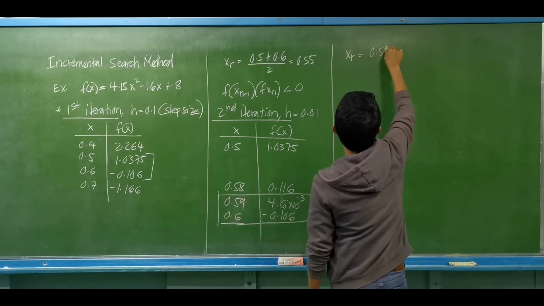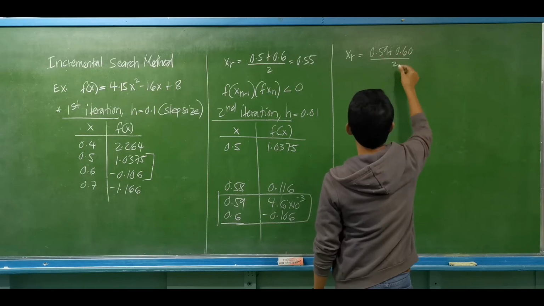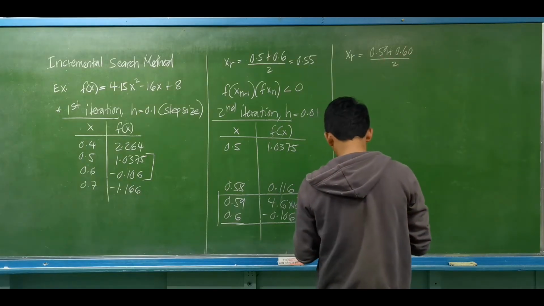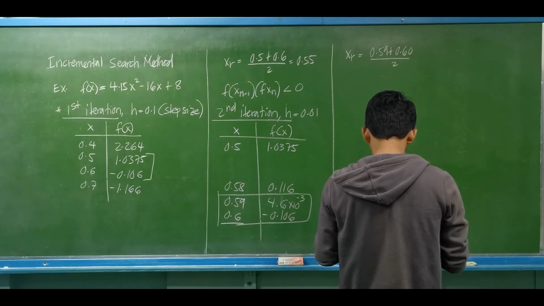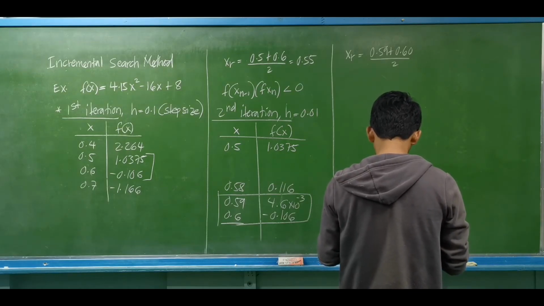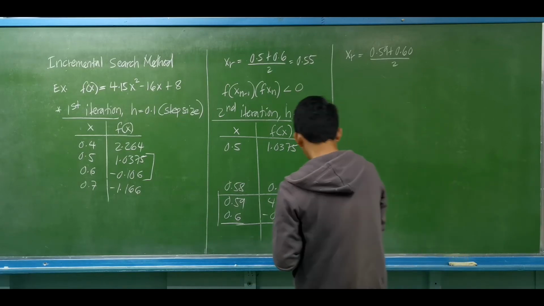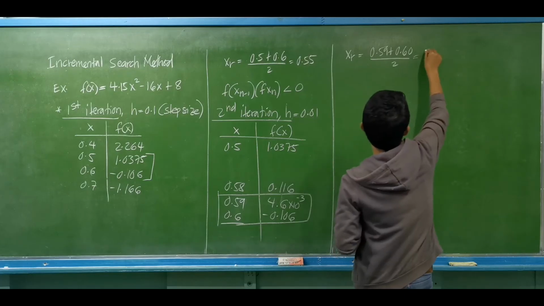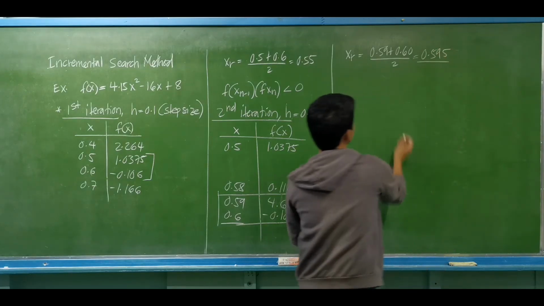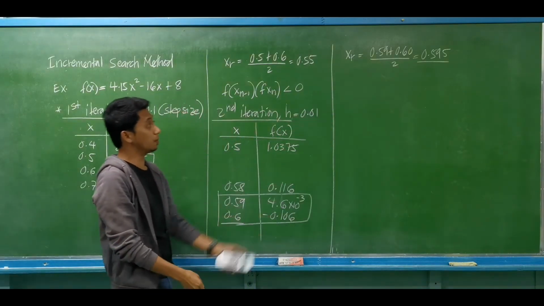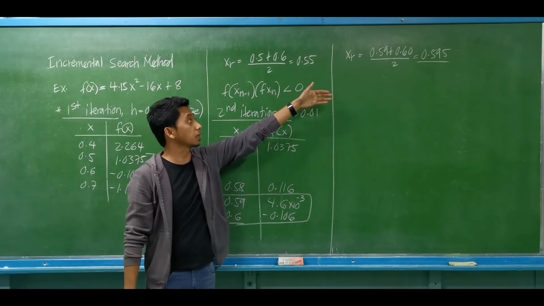You have 0.59 plus 0.6 divided by 2. We have that value equal to 0.595. So this is a closer value of the root compared to 0.55 from the first iteration.